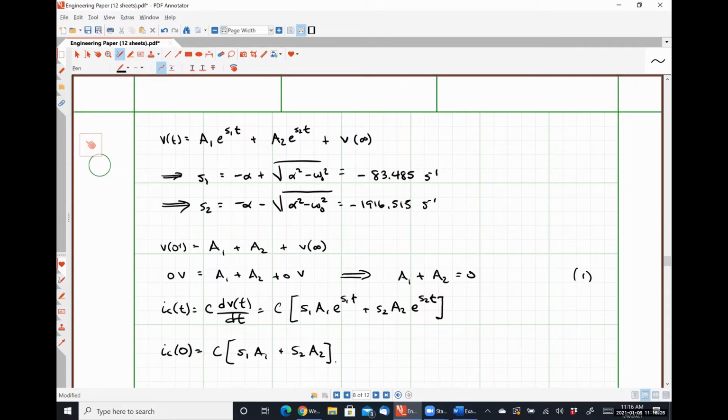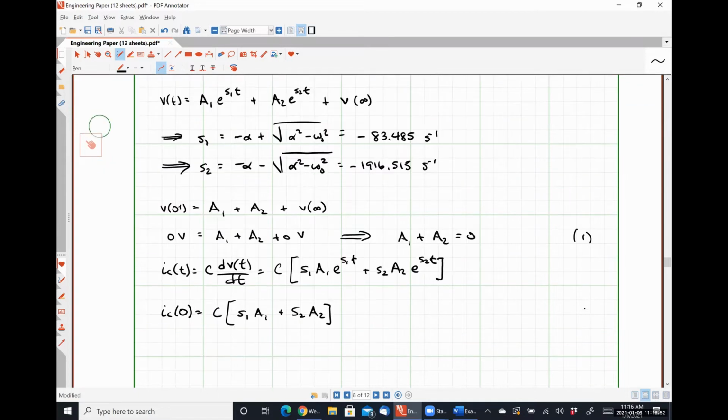Notice there is no plus IC at infinity term in the derivative relationship, right? Because when we take the derivative of this guy, this is a constant value, so that goes away. So you should not see a plus something at infinity term in your derivative-based relationship here. I want to be clear about that.